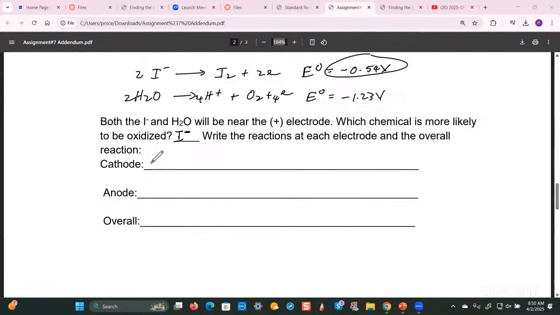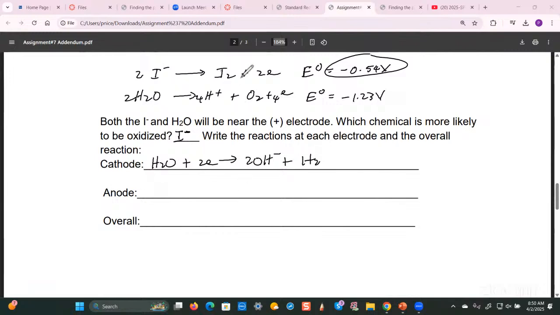So basically, to answer the questions here, the cathode reaction is the reaction that we saw earlier, which would be H2O plus 2 electrons to give 2OH minus plus H2.